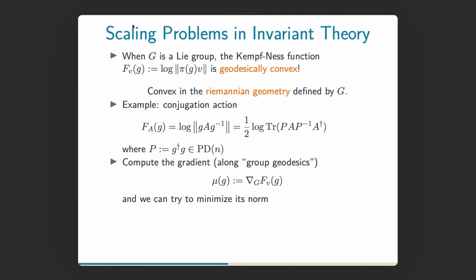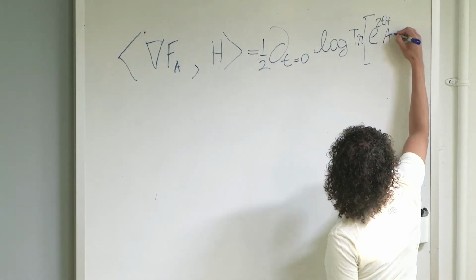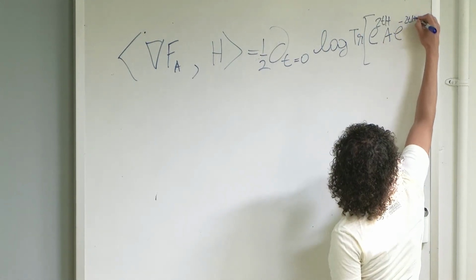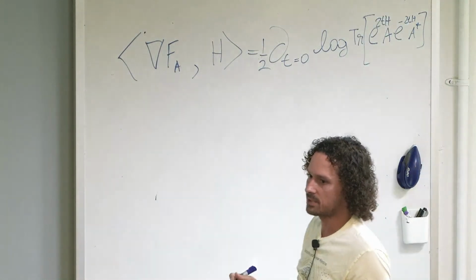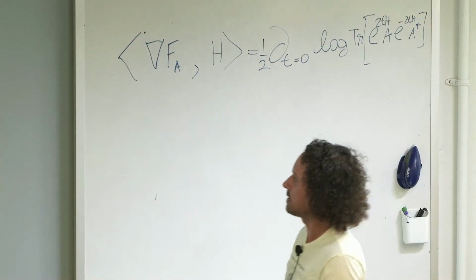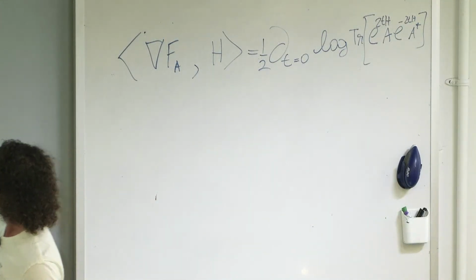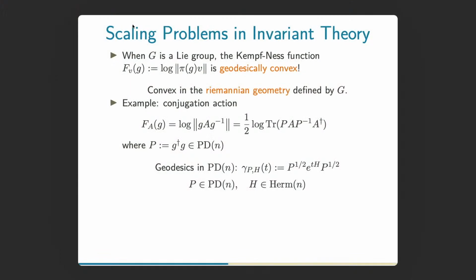My P here is at the identity, so I'm going to have e^(2tH), A, e^(-2tH), A conjugate transpose. That's my direction, because I started at the identity and then I'm going in the direction H. If you remember, this P^(1/2) is just identity, so I'm just going in this direction.